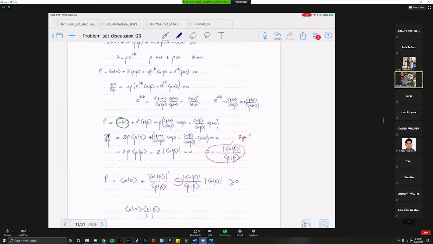So we have alpha, okay? We have rho square beta beta. Then we have rho, which I wrote here, that multiplies all that stuff. And then my mistake was to say, okay, so this is the magnitude square of alpha beta divided by the magnitude of alpha beta.